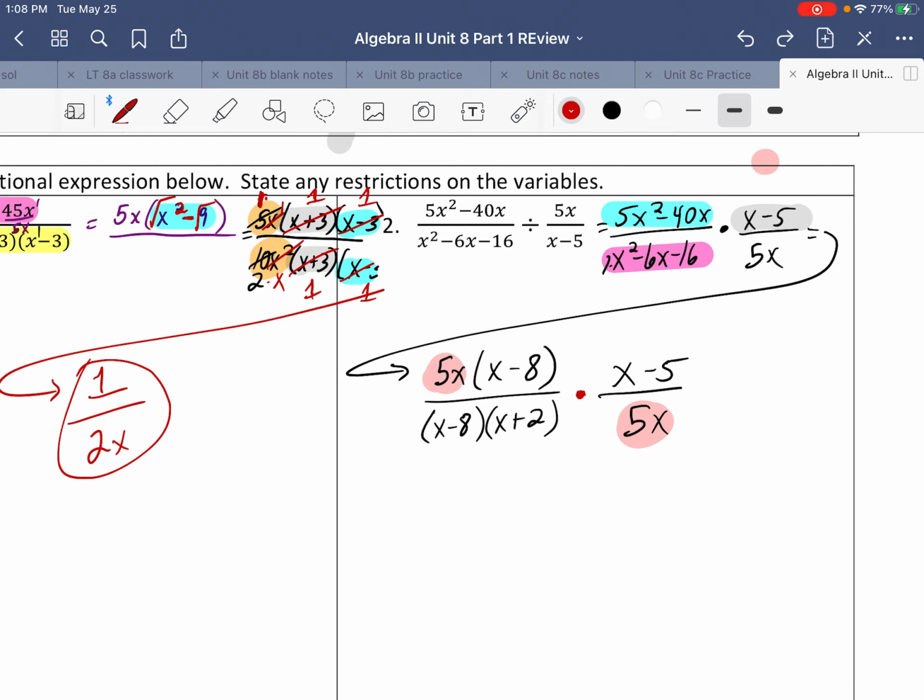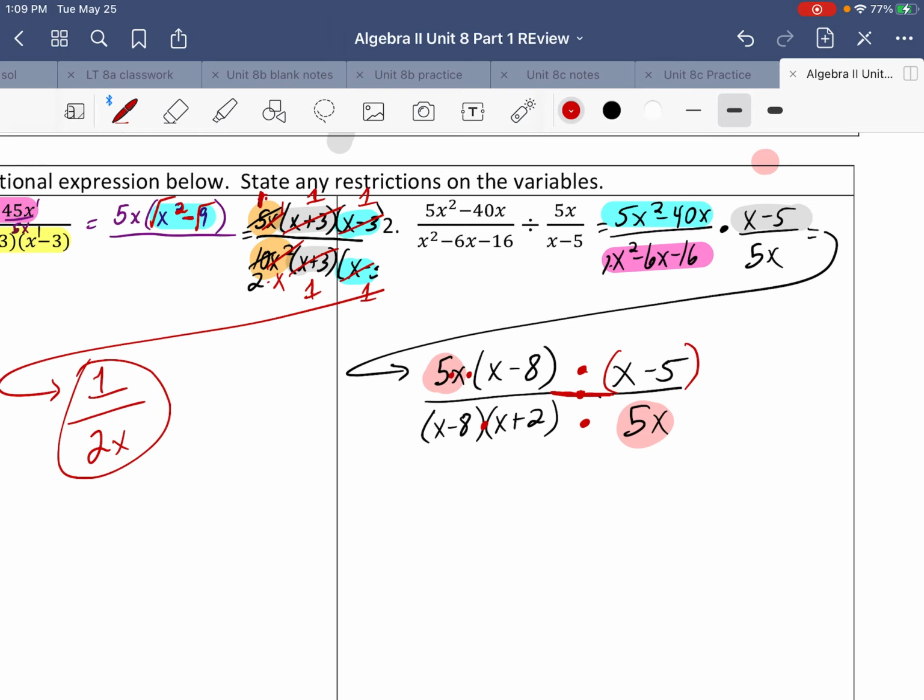The reason why you can do that is with multiplication of fractions, you multiply the numerator and you multiply the denominator straight across. Really what that's doing is we have 5 times x minus 8 times x minus 5. And then in the denominator, x minus 8 times x plus 2 times 5x.